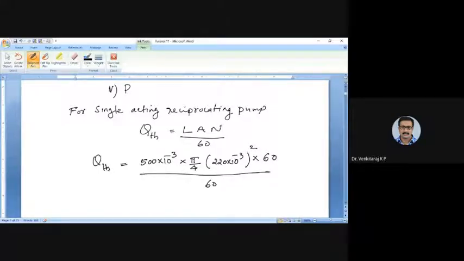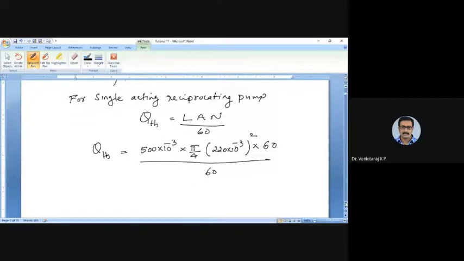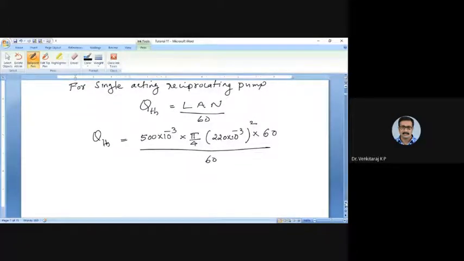So this is the theoretical discharge, and after calculation using the calculator, it comes around 0.019 meter cube per second. So the theoretical discharge value is 0.019 meter cube per second.